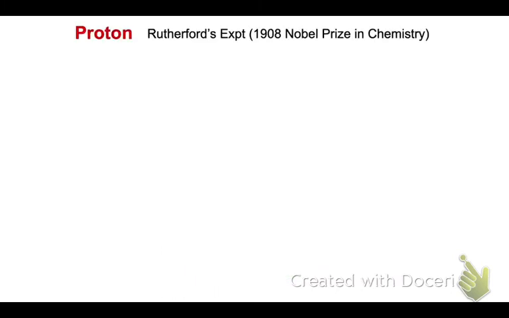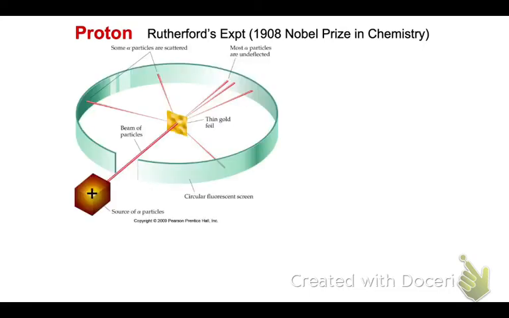Till Rutherford and his student were performing an experiment, which we call the thin gold foil experiment. They were studying the emission of alpha particles. Now remember, we did talk about alpha having a positive charge.